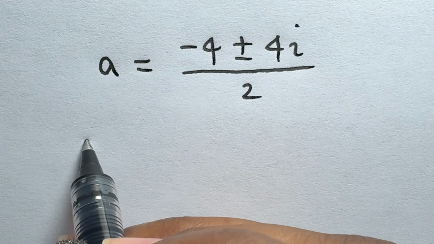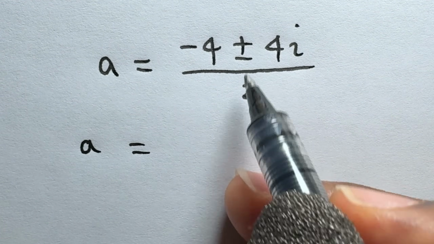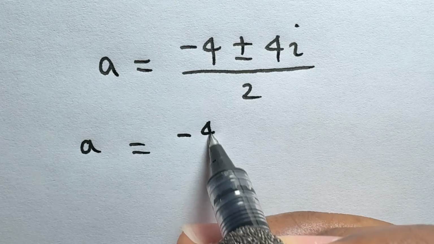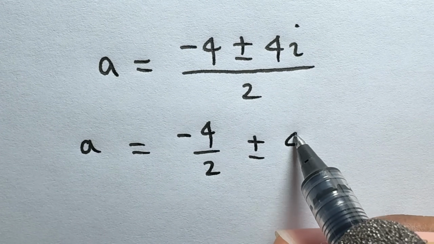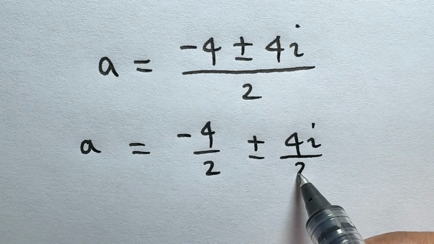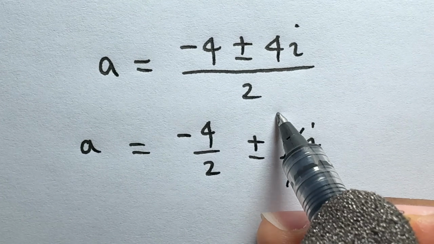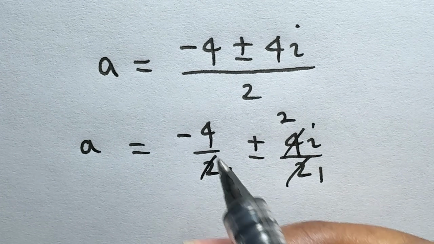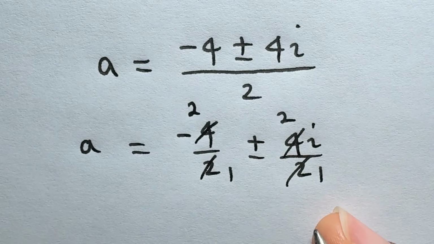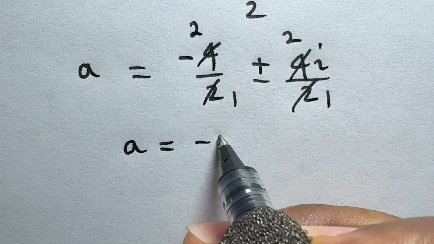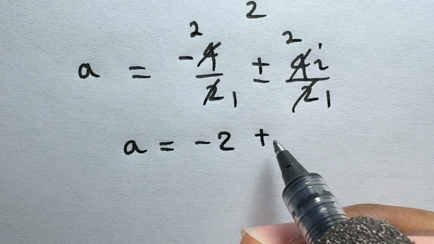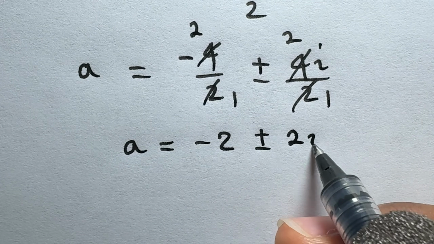So we have a is equal to, we'll separate this division to give us negative 4 over 2 plus or minus 4i over 2. 4 over 2 is 2, and 4 over 2 is 2. So we have a is equal to negative 2 plus or minus 2i.